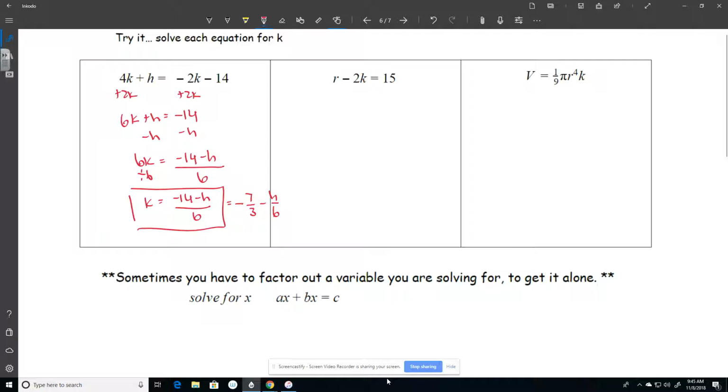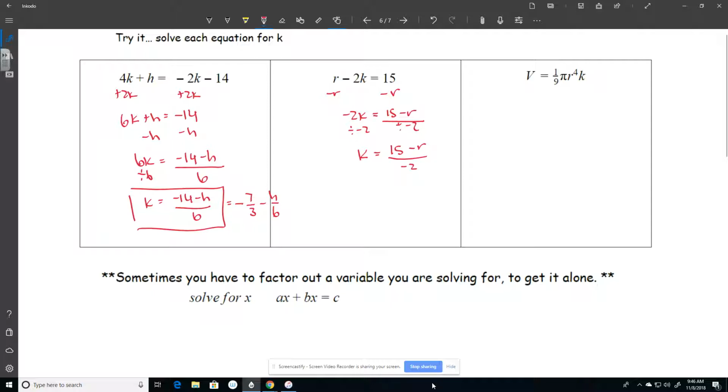All right, on this one, r minus 2k equals 15. I'm getting k by itself, so I've got a minus r. So -2k equals 15 minus r. To get rid of the -2 being multiplied by k, I'm going to divide by -2. So k equals (15 minus r) all over -2.